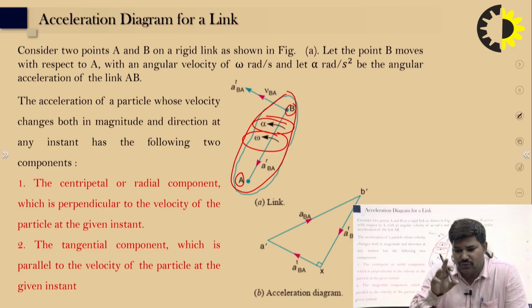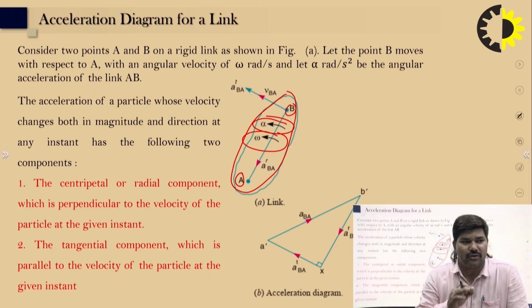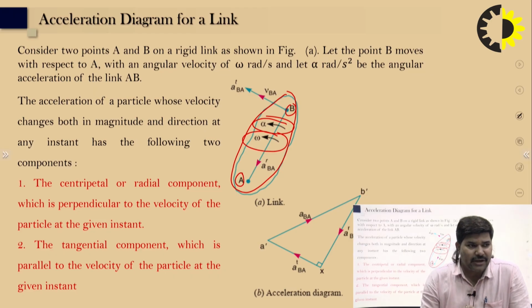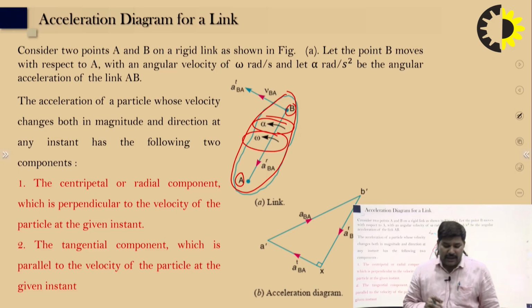is divided into two components: the radial component and the tangential component. The radial component is perpendicular to the velocity of the particle at the given instant, and the tangential component is parallel to the velocity of the particle at the given instant.